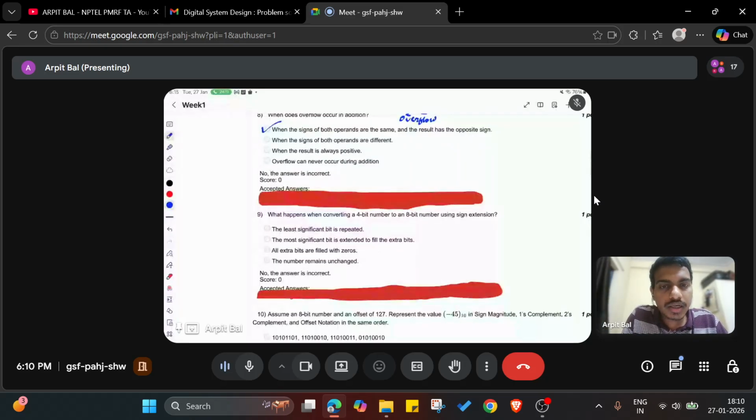What happens when converting a 4-bit number to an 8-bit number using sign extension? Suppose I have a 4-bit number and I want to represent it in 8-bit notation. So what should be done? Can someone try to answer this?